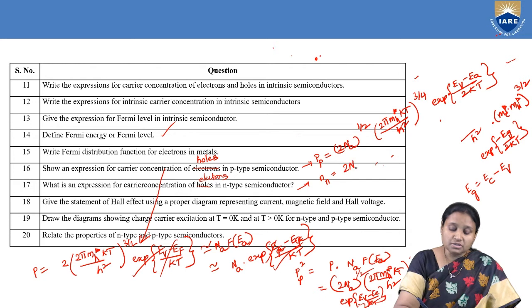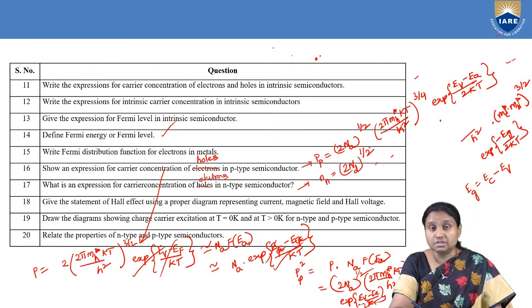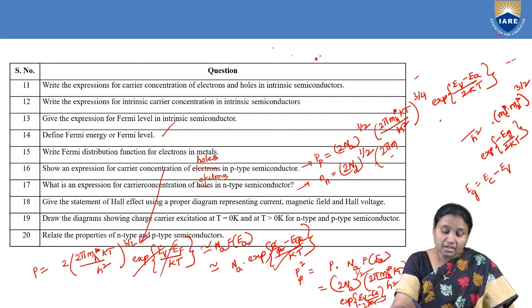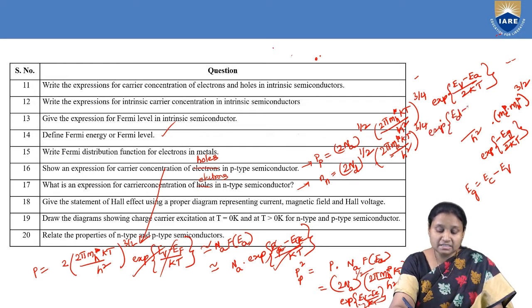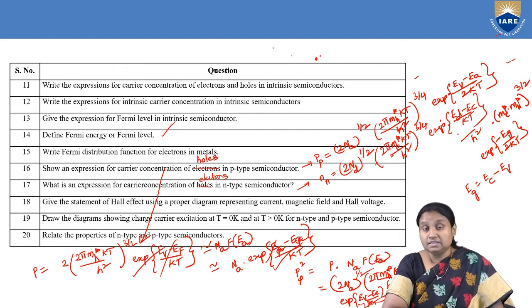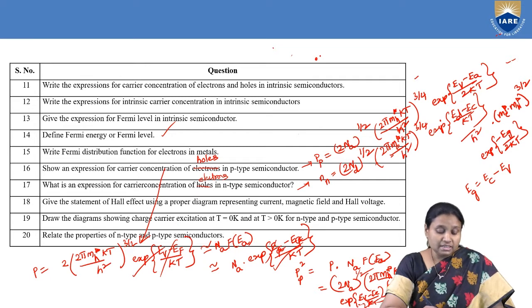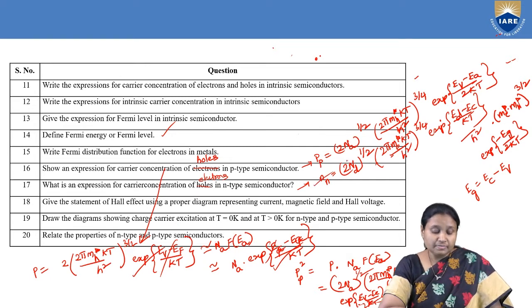So it is given as (2Nd)^(1/2), where Nd is the donor concentration, the number of donor atoms per unit volume of the material, into (2πme*kT/h²)^(3/4) exponential (ED − EC)/kT. And what is ED here? ED is the donor energy level, which is very close to the conduction band. So these are the expressions in case of p-type and n-type semiconductors.